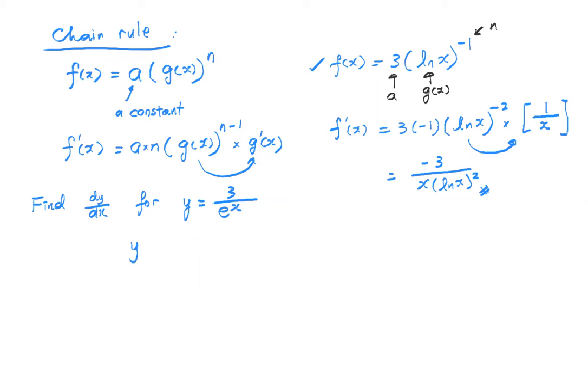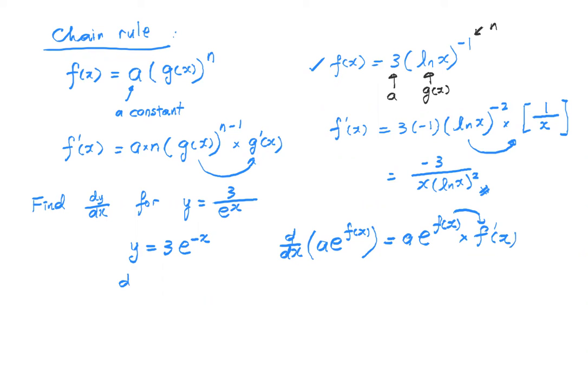Because this one can be written as, correct? Then I can use this formula. Still remember this formula? Copy down the whole thing. Then time by the derivative of the power. Am I right? So follow that and try to get the dy dx of this.